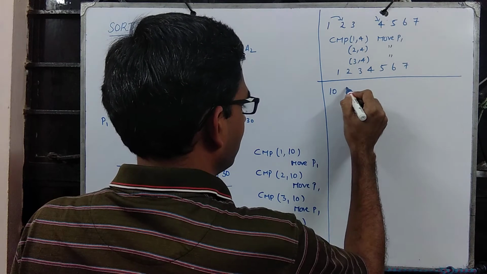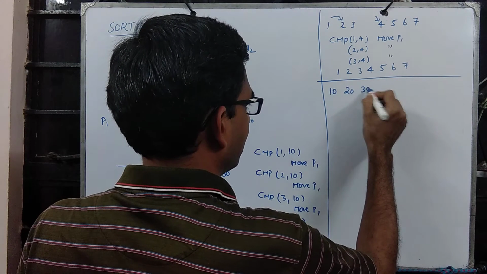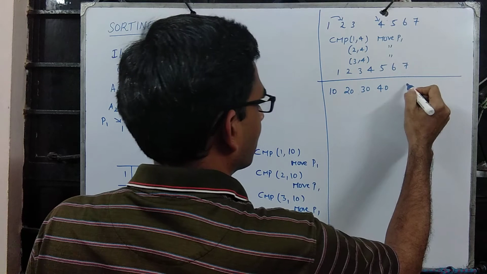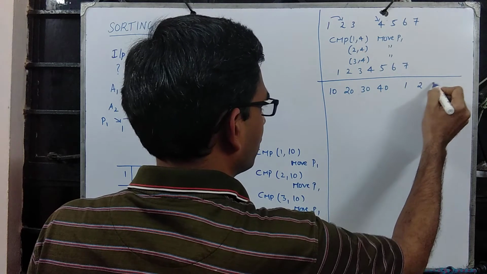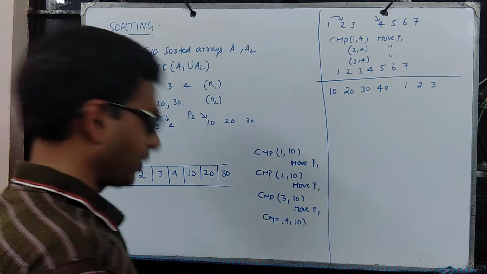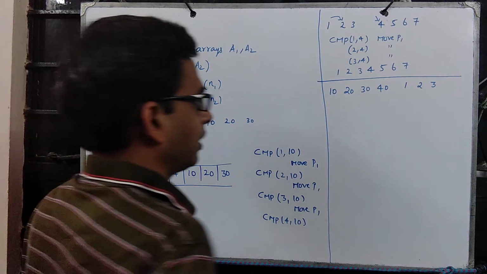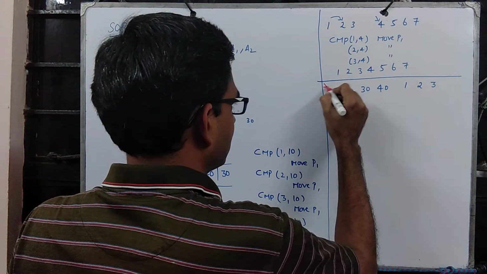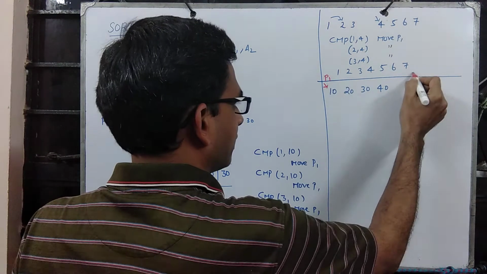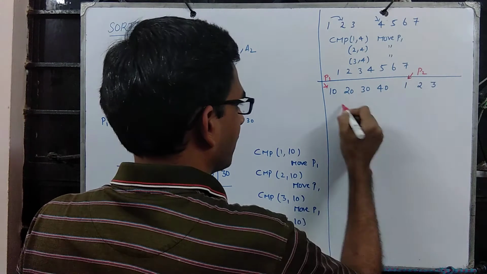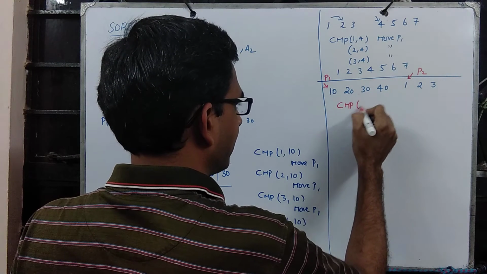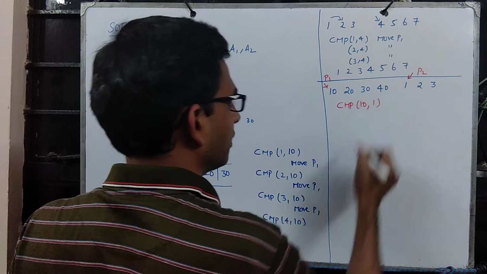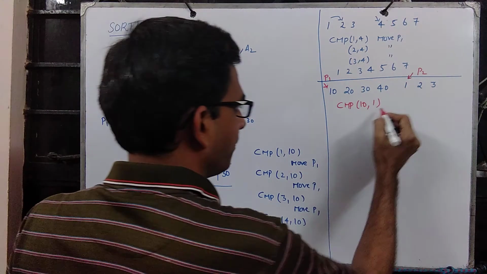Now let's look at one more. Suppose it is 10, 20, 30, 40, and the other is 1, 2, 3. There is a pointer pointing to this, let that be P1, and let this be P2. We are comparing 10 and 1. We know this one is small.